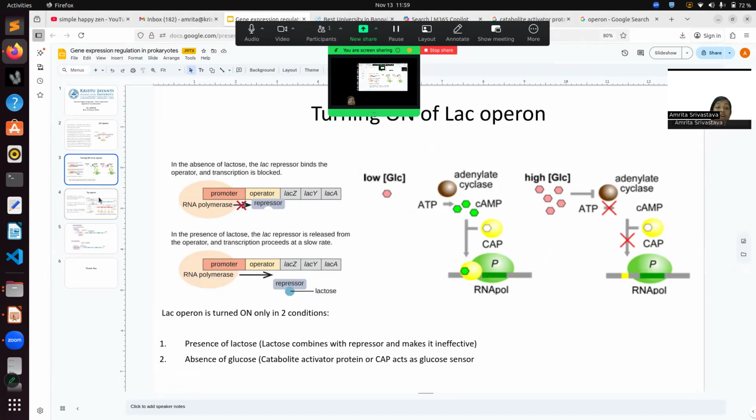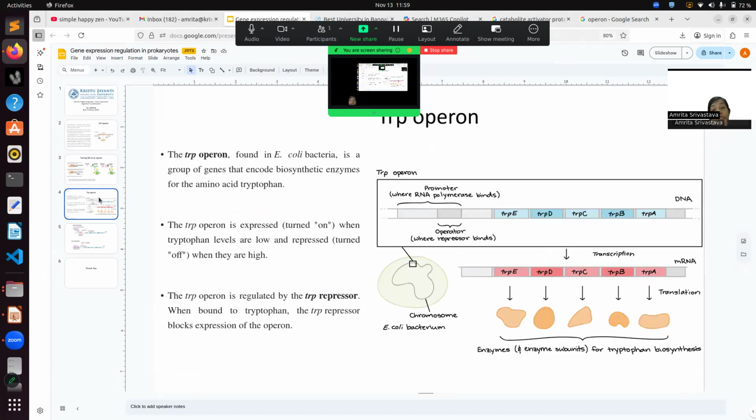Just like the lac operon, there is a tryptophan operon, and the tryptophan operon also has a similar regulation mechanism. This is an operon with several genes that are required for the biosynthesis of tryptophan. And just like in the previous case, there is a repressor that can bind to the operator and prevent the RNA polymerase from transcribing all these genes.